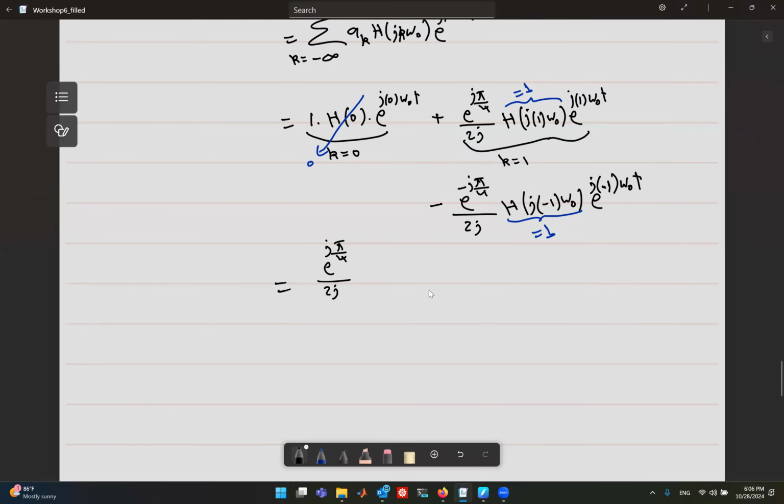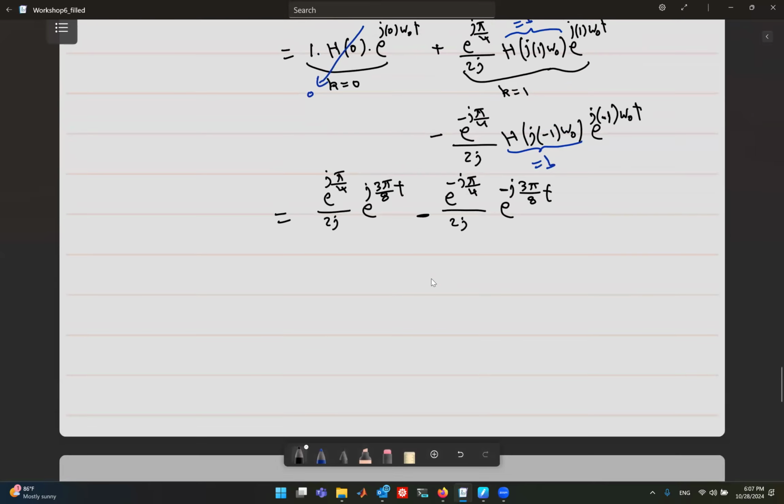The H is 1, so the only remaining term is exponential j omega naught t. Let me also substitute the value of omega naught, which is 3 pi over 8, t, minus exponential minus j pi over 4 divided by 2j, times this H is 1, so times exponential minus j 3 pi over 8 t.